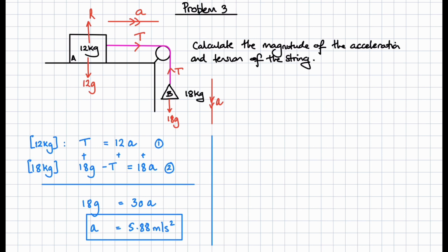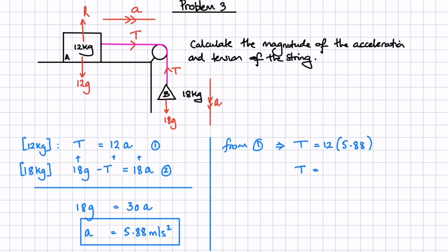Equation number 1 says T is equal to 12 multiplied by the acceleration, which we've just determined to be 5.88, so we can calculate this and you should obtain 70.56, which would be 70.6 newtons to 3 significant figures.